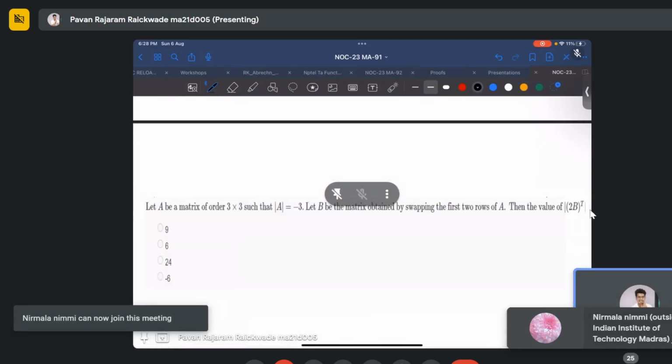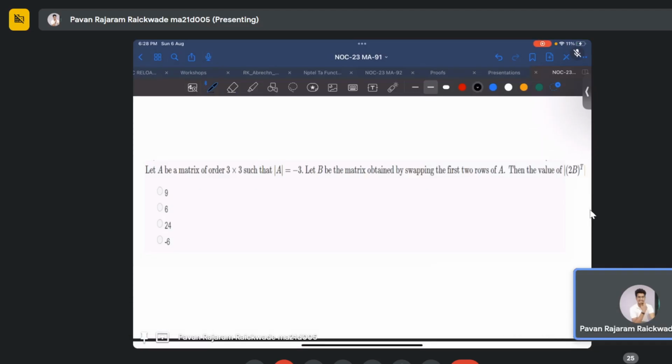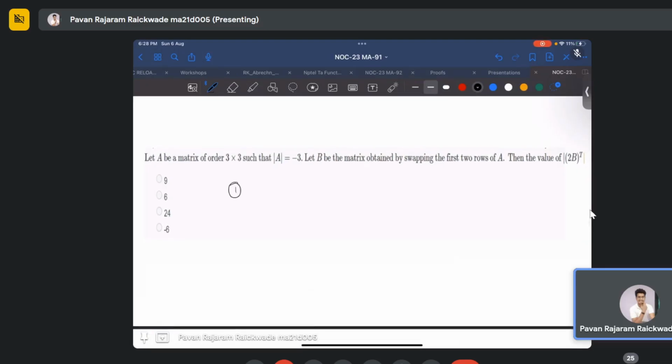Let's go to the next question. A is a matrix of order 3 cross 3 so that the determinant of A is minus 3. Let B be the matrix obtained by swapping the first two rows of A. Then the value of the determinant of 2B whole transpose is? Okay, there are certain formulas that I will use.